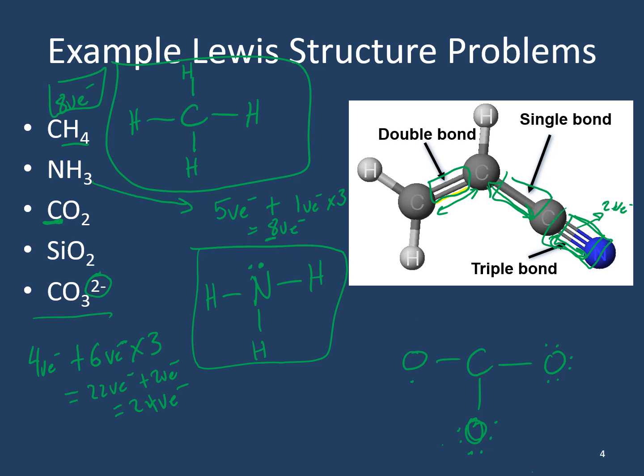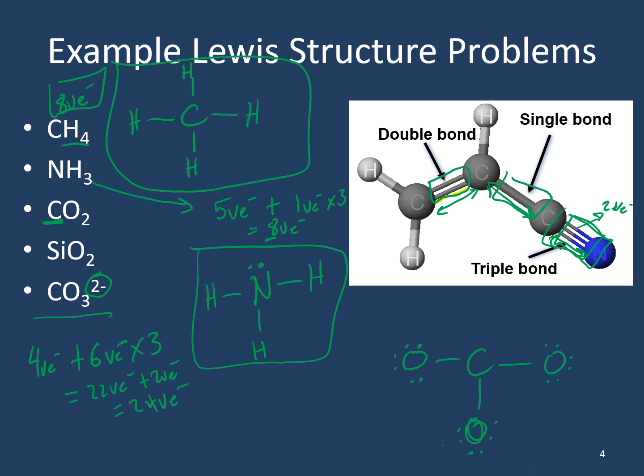It's not letting me draw there for some reason. 14, 15, 16, 17, 18. Awesome. So I've used 18 around the lone pairs and another 6 around my single bonds. So I've used all 24 valence electrons.